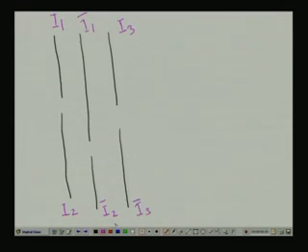So, here the partitioning has been done like that.